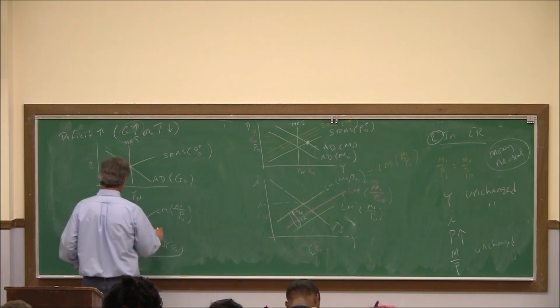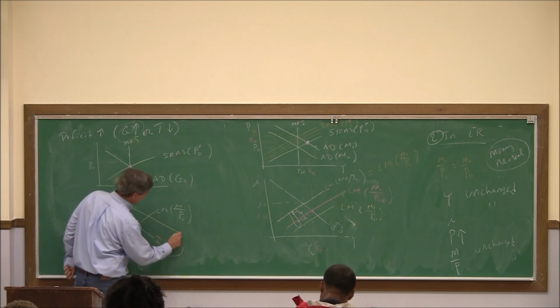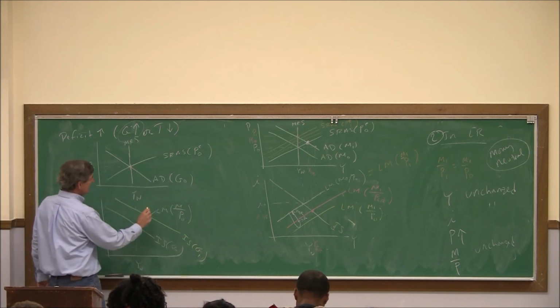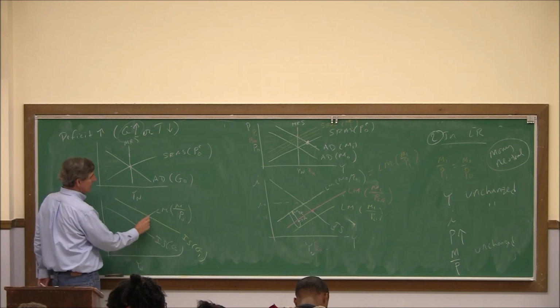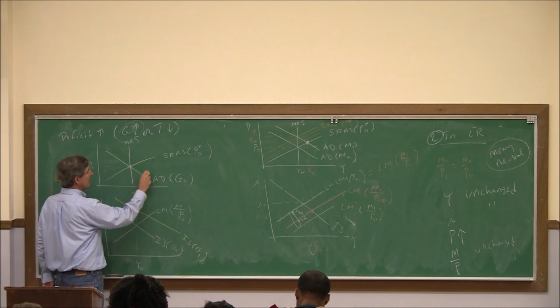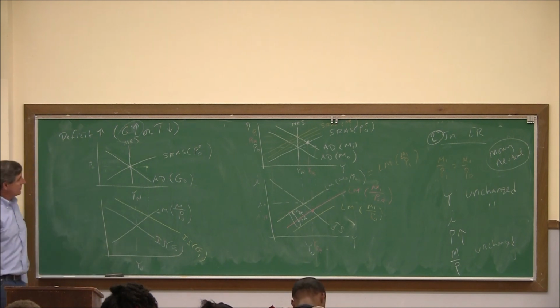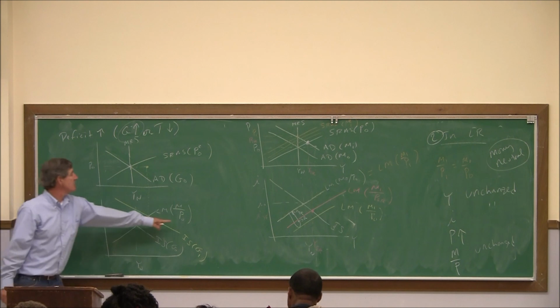So government spending goes up to IS G1. Again, that's not the equilibrium yet, because we're going to get a price change. Come here and find this cross point right here. And that's where your demand curve is going to shift to, because price hasn't changed.